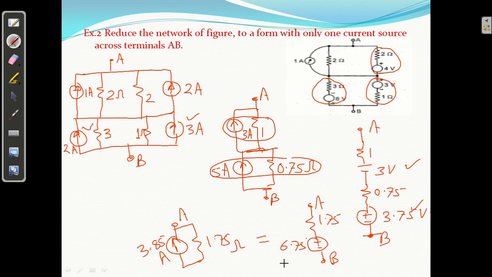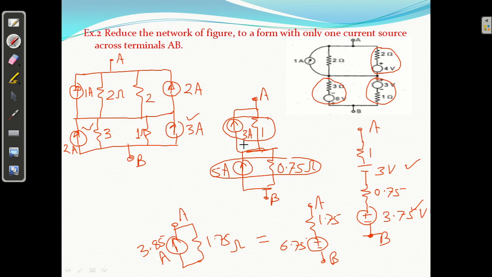Is it correct? I am just repeating it. Okay, I am just checking the answer actually. This is 1, 2, 2, 2, right? 2 ampere, 3, 1, 3, right?